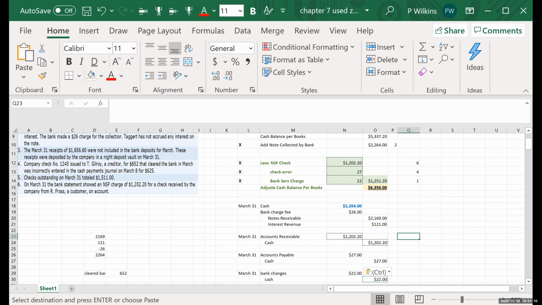So there's a couple Wiley videos on that format too. And that format is how you really do it in the business world. We're not testing on that format though, because it takes so long just to go through the process. So we're testing on one where they've already got you the total amount of checks that were outstanding, the total amount of deposits outstanding, deposits in transit, and all that kind of thing. Okay. All right.